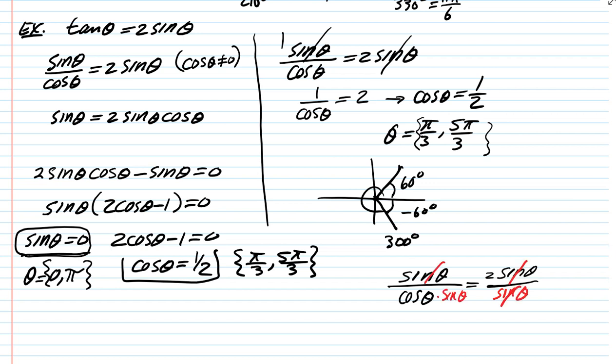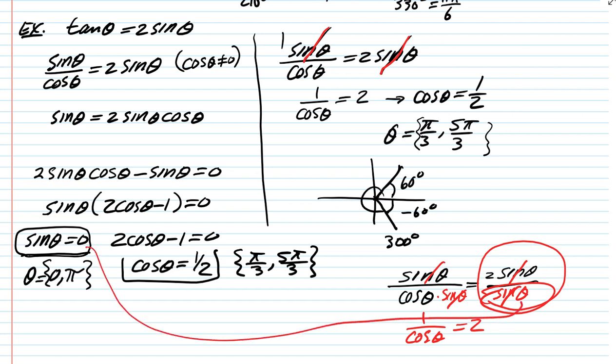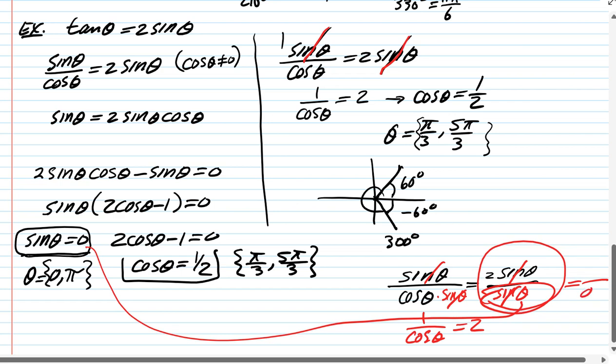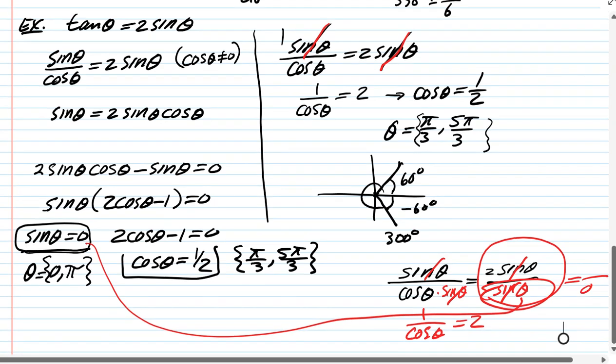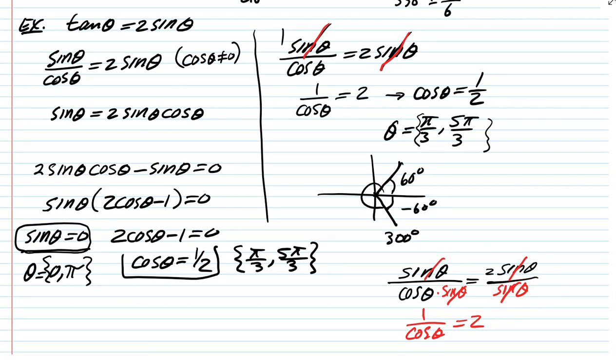That's what canceling does, and gives me 1 over cosine theta equals 2, doesn't it? Well, right in here is the trouble. We cannot cancel these, because to cancel is to divide by sine theta. And sine theta can be 0, so you're dividing by 0. And guess what happens when we divide by 0? Division by 0 is undefined, isn't it? So it's for that reason that we cannot cancel these functions.